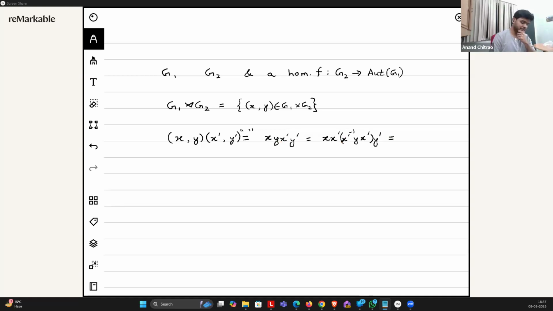And you just replace whatever is inside the brackets with f evaluated at, so I'll write it this way, x', and f of x' evaluated at y'. Okay, this construction is called the semi-direct product construction. This is slightly subtle, but we'll come to examples after this. But I just want you to see this.